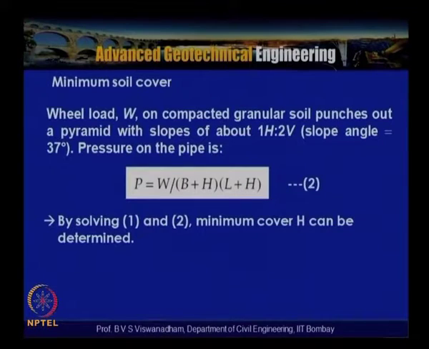The pressure on the pipe can be approximated as P is equal to W by B plus H into L plus H, where H is the minimum cover.